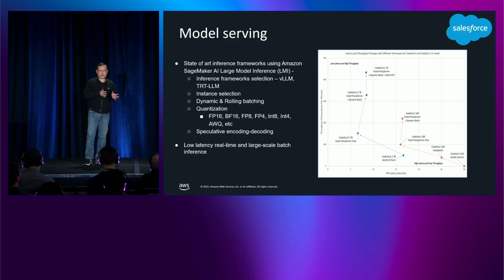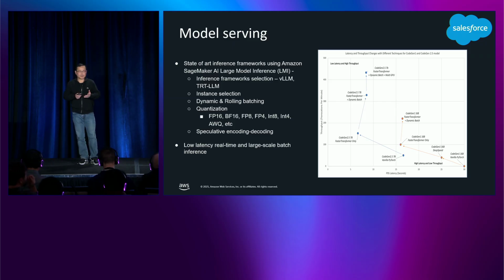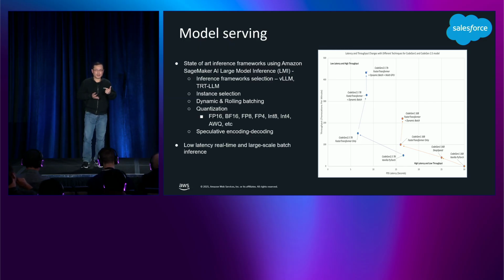This is because SageMaker AI and LMI integrate multiple state-of-the-art inference frameworks. So the work includes several items I'd like to touch on. First, we choose the right framework, vLLM, TensorRT-LLM. Second, we do a comprehensive instance scan to pick the best instance to serve our models, to achieve the best latency and the best throughput.